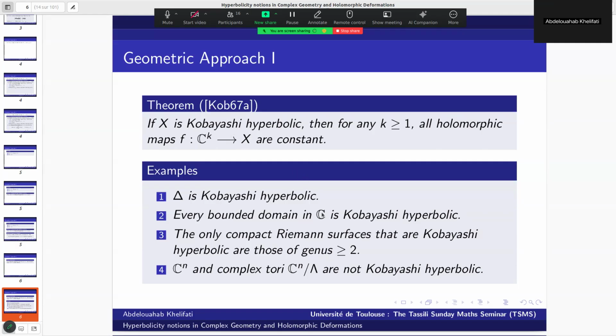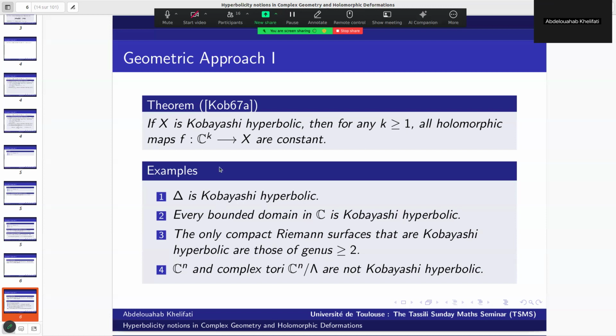So the only cases we are left with are the ones covered by the unit disk. So Kobayashi hyperbolic compact Riemann surfaces are those of genus greater than or equal to 2. And in higher dimensions, C^n of course is not Kobayashi hyperbolic, and neither are complex tori, since their universal cover is C^n.